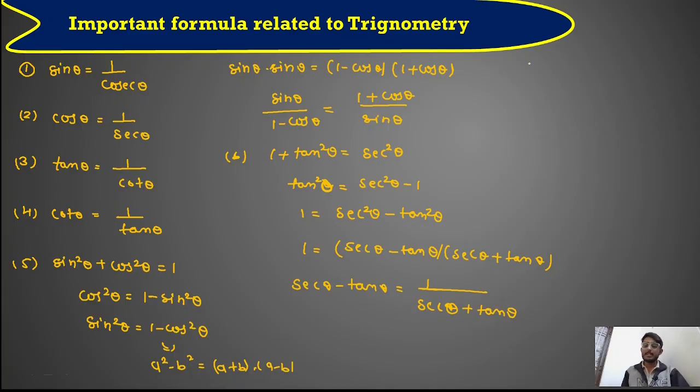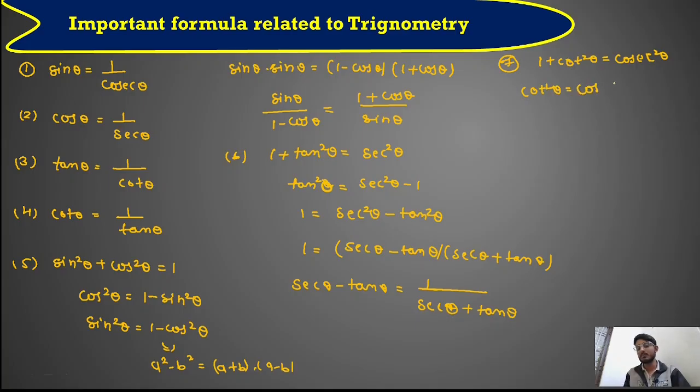Here is another identity, which is the last identity of this set: 1 plus cot square theta equals cosec square theta. So from here you can find the value of cot square theta as cot square theta equals cosec square theta minus 1.